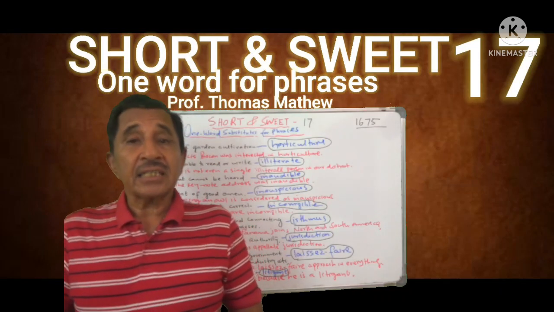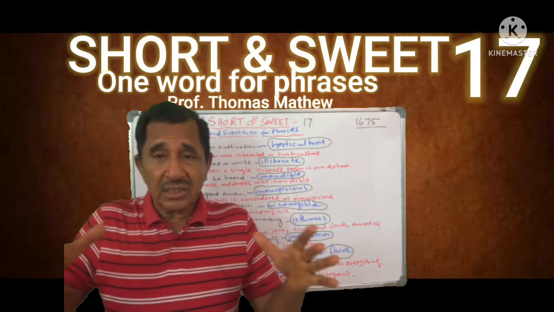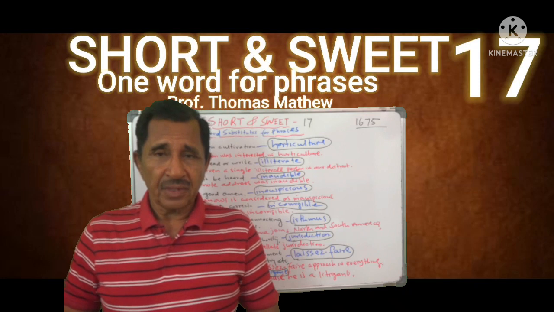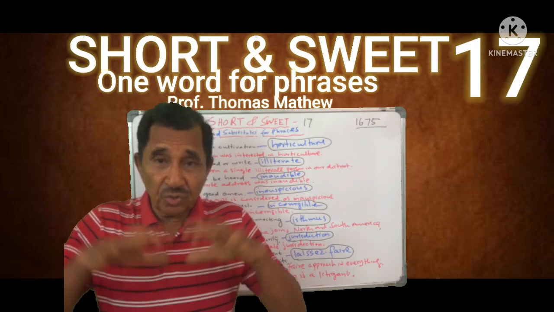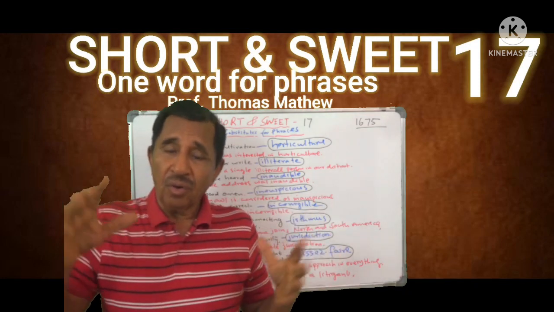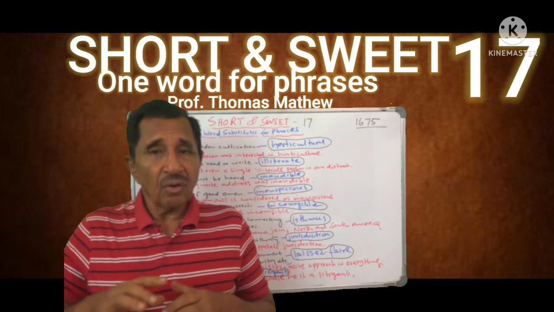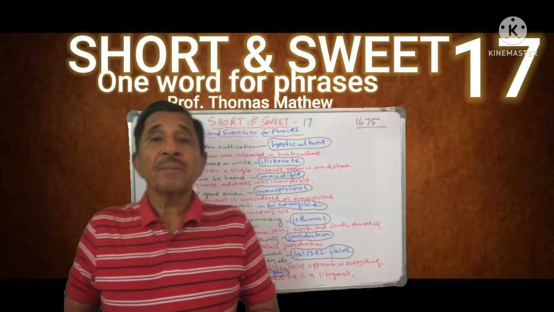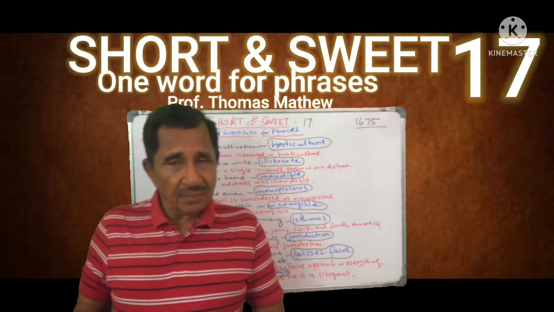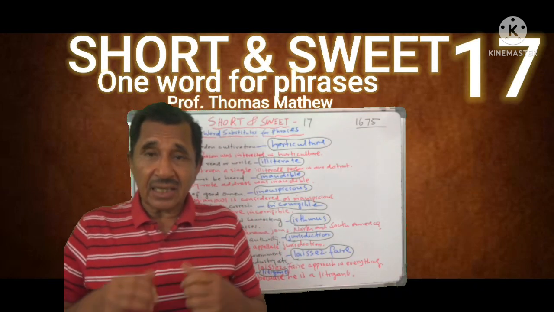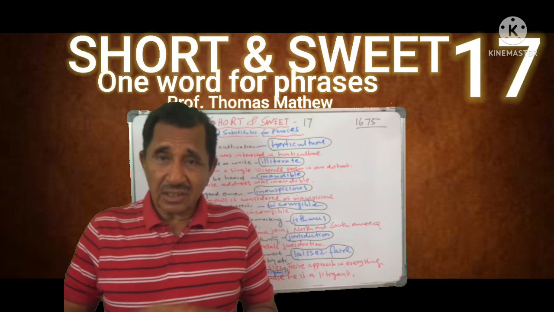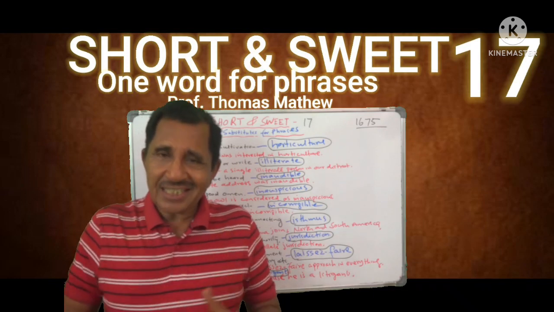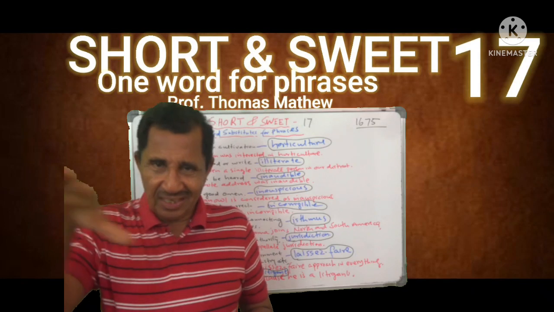For example, the East India Company had jurisdiction over most part of India. The East India Company had jurisdiction of most part of India, you can say. Most part of India was ruled by the East India Company. See, the king of Travancore had jurisdiction over this Travancore area.